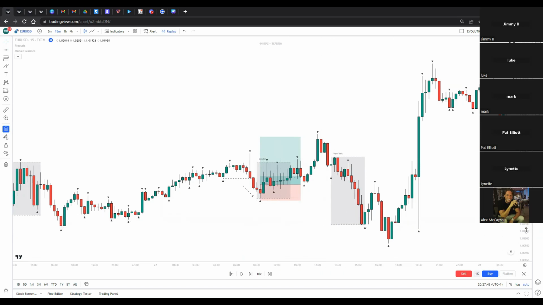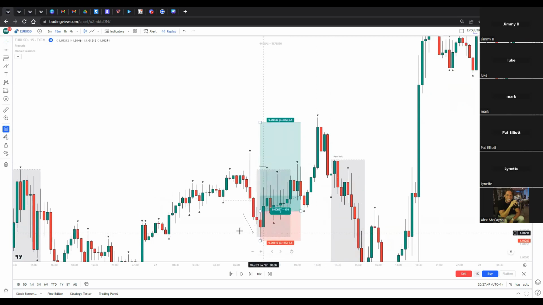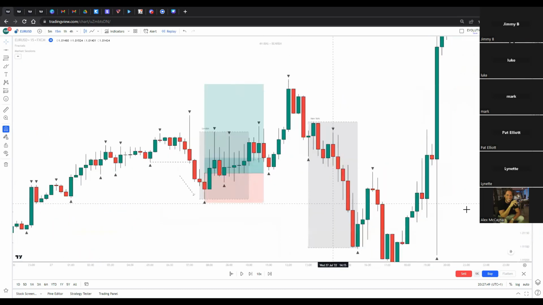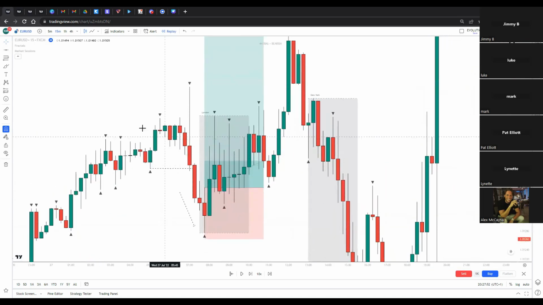In terms of the sweep, the liquidation looks like a news candle. But if we're looking at this fractal low, we get a liquidation of the low. The buy stop initially will be here. We don't get that. It continues lower. This next candle prints a lower low, and again prints another lower low.